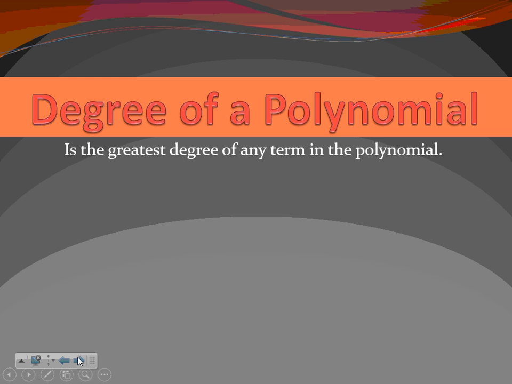So what is this telling us? The degree of a polynomial is the greatest degree of any term in the polynomial. So that means what are we going to do? When we have a whole bunch of them, we're going to take the biggest. My mama told me to pick the biggest one, and you are it. Does that make sense? That's what I say. My mama told me to pick the biggest.